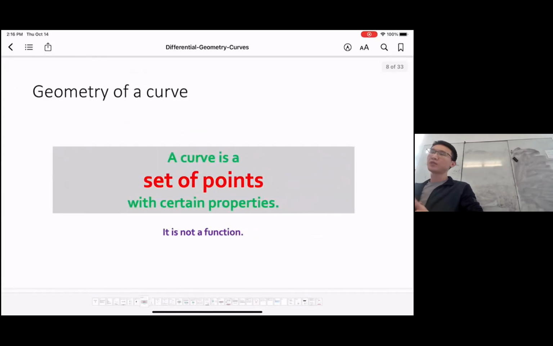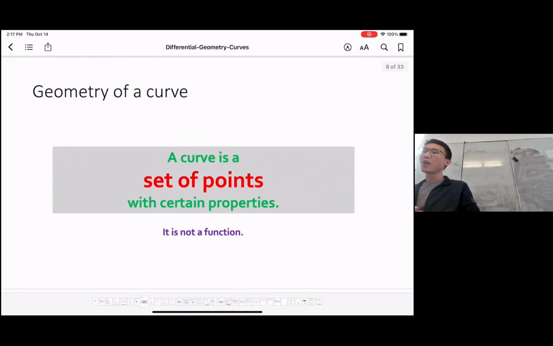So with these three subtleties in mind, we see that a definition in terms of functions may not be the best way to define a curve. We really need a new definition of curve. For people doing differential geometry, they try to come up with a new definition in terms of geometry.